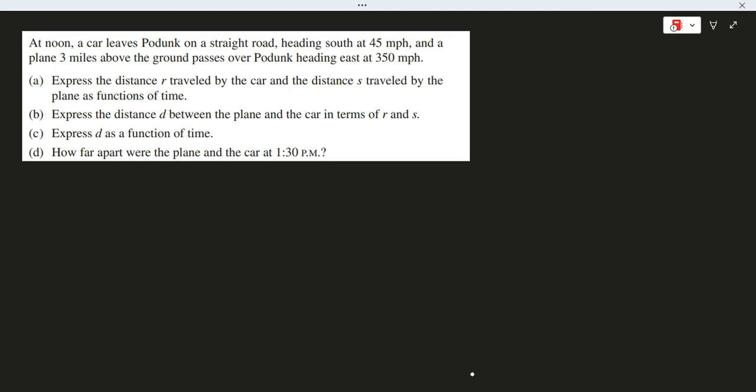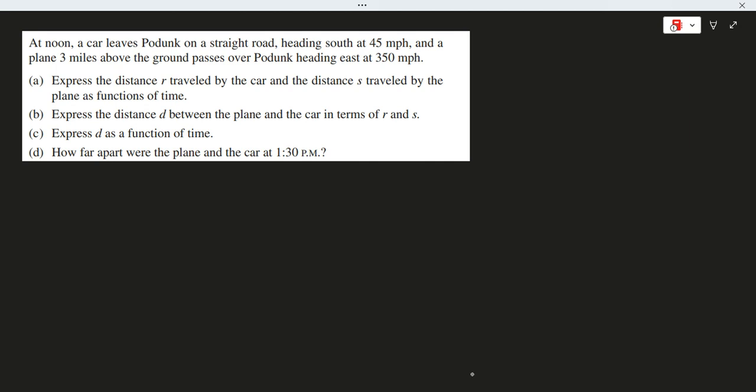In part B, express the distance d between the plane and the car in terms of r and s. Express d as a function of time. How far apart were the plane and the car at 1:30 p.m.?